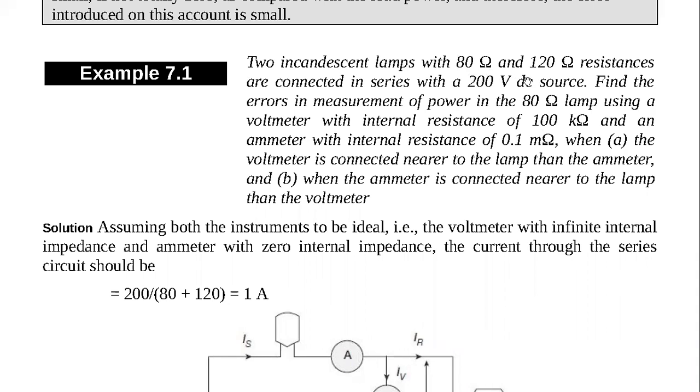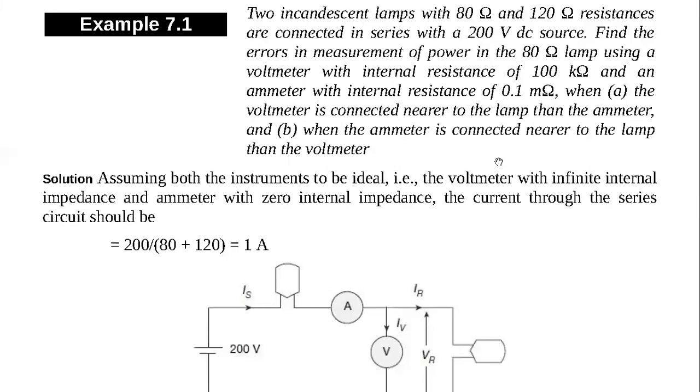The total resistance, remember they are connected in series, will be 80 plus 120. So the current will be 200 over 80 plus 120, the resistances of these two lamps, and the current will be 1 ampere.